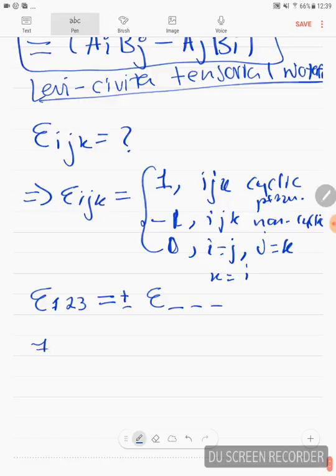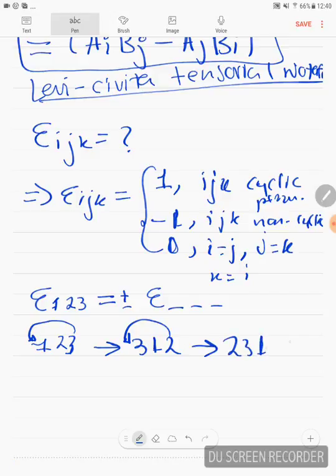So cyclic permutations mean this, that you just put this one up front like this. This is 3, 1, 2, and just put this one up front, and this is 2, 3, 1, and then again put this one up front to arrive here: 1, 2, 3.